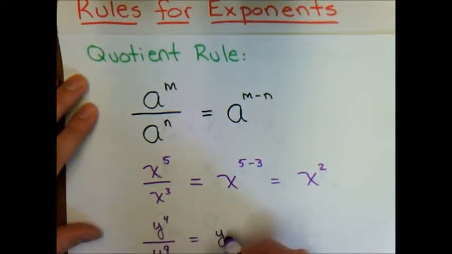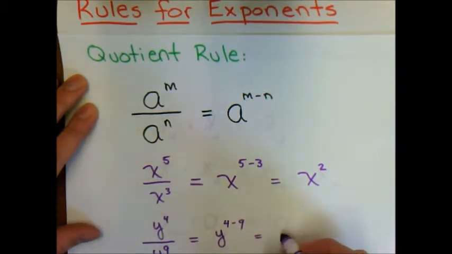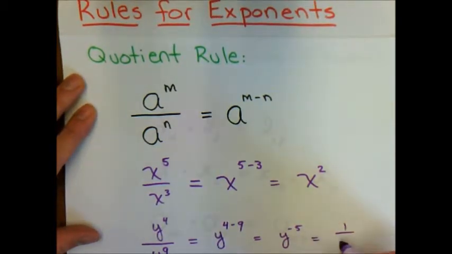This would be equal to y to the power of 4 minus 9, which equals y to the power of negative 5, or we could say 1 over y to the power of 5.